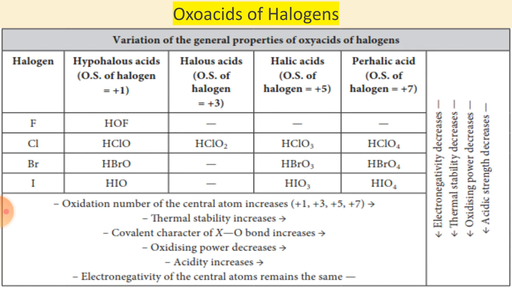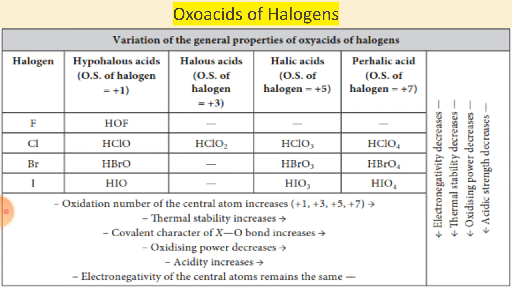Then thermal stability also decreases due to large size of halogen. Then oxidizing power also decreases. This is again due to less stability. Now the acidic strength also decreases. This is again due to less electronegativity of central atom. I also told you that acidic nature also depends upon the electronegativity of central atom.